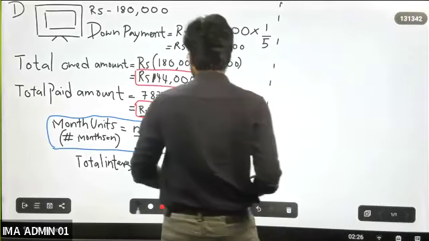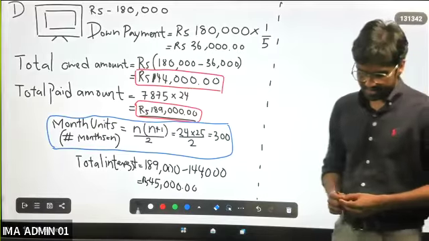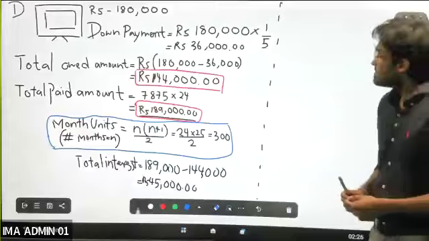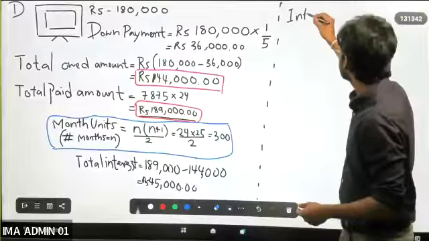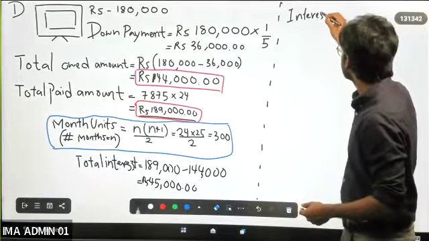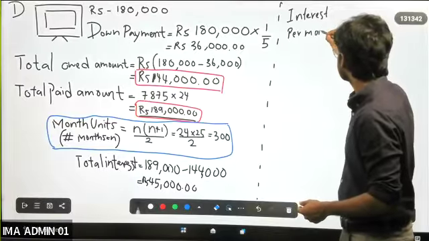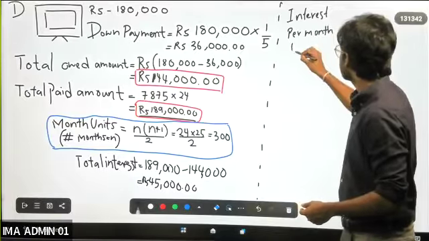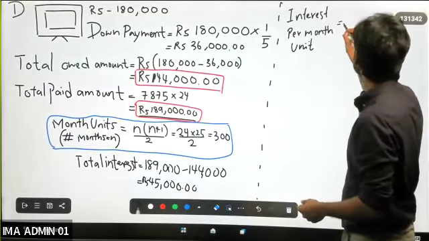Now we know the total interest and we know the month units. So we could find out interest per month unit. How much is it?